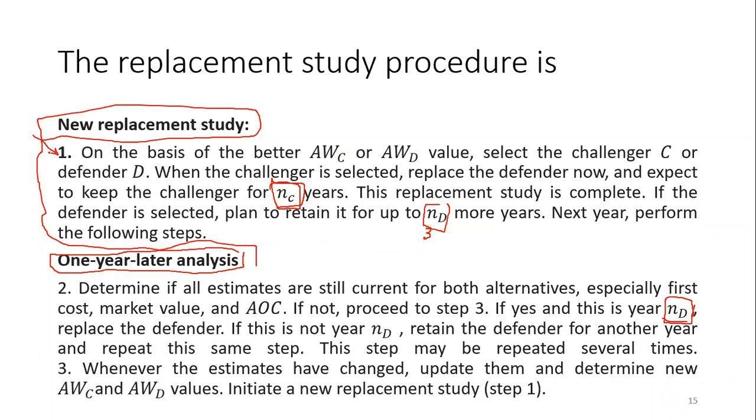If there is no change, we compare based on the number of years, the economic service life. If there is a change, we move directly to step 3 and use the new changes to estimate the annual cost for the defender and for the challenger.